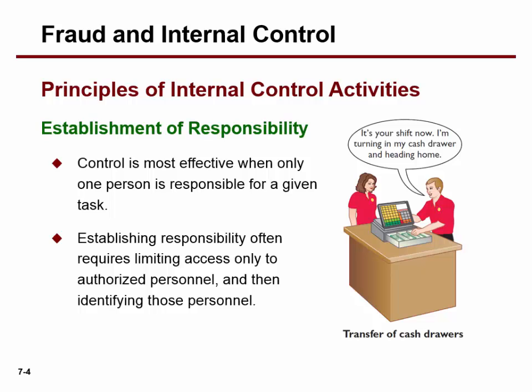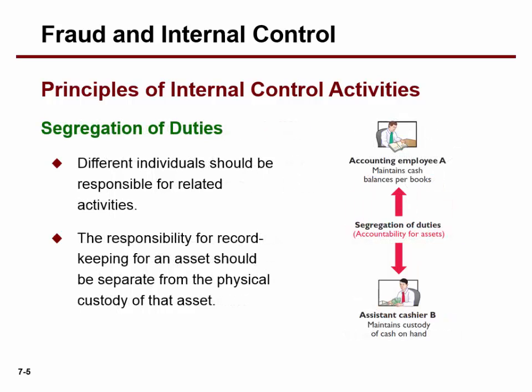So that's assignment of responsibility, if you assign somebody responsibility for a specific asset, right? Just like when you start a new job, they give you a computer, they give you a set of keys, and you have to sign off that you have that responsibility. So that's establishment of responsibility. Now, we also have segregation of duties. Segregation of duties says that you should not allow someone to overlap in their responsibilities.